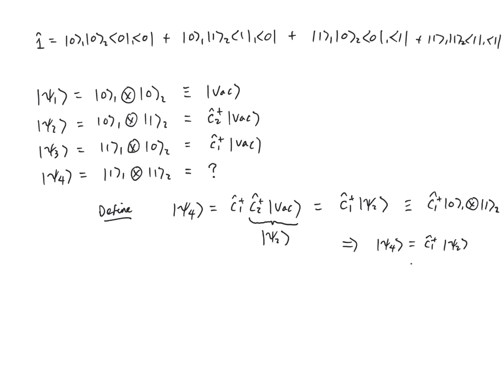And that gives us this state, which is 1 electron in the 1 orbital and 1 electron in the 2 orbital. Okay, good. But now we have an interesting question, which is what happens if I apply the operators in a different order?